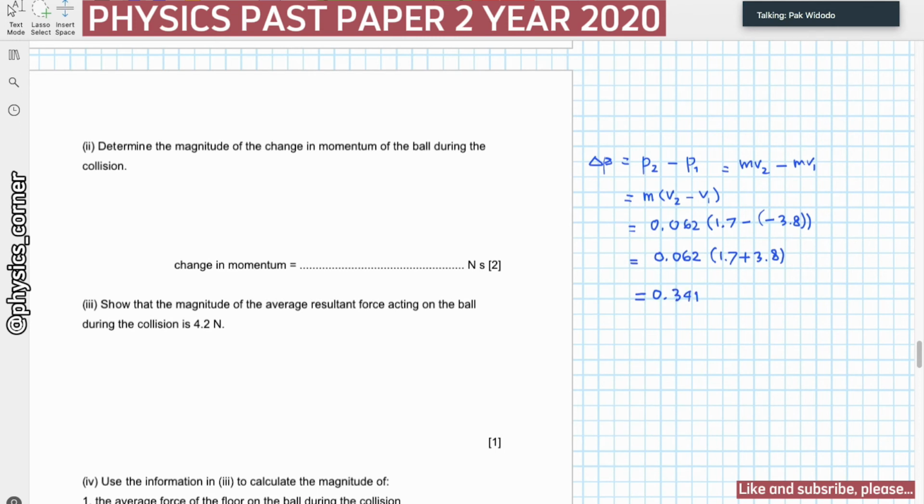When we round it, this is 0.34 newton second. That's it.